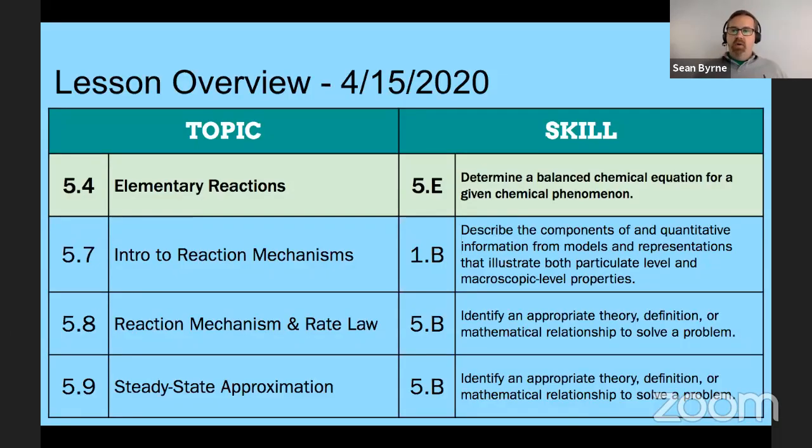Our skills: we're going to determine some balanced chemical equations, look at a different way of viewing chemical equations, and describe the components of models. I'm going to show you a number of different models, and we're going to apply the theory to them in two different ways. This is going to become a little bit mathematical, but nothing where we even need a calculator today. It's just equations and rearranging some equations.